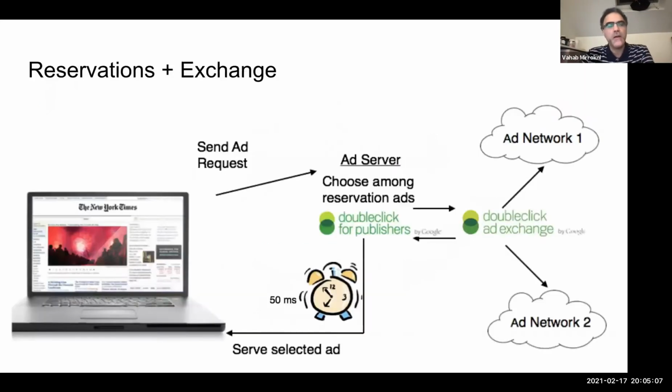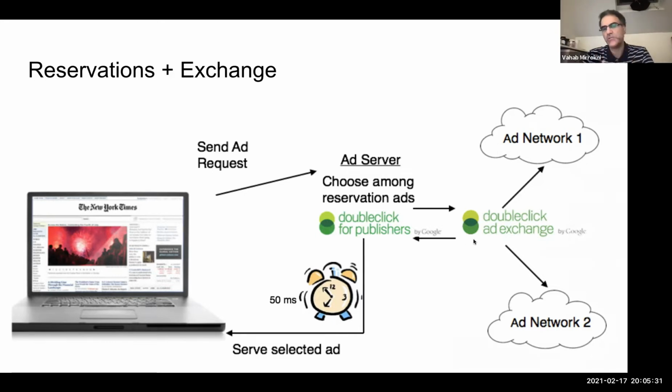In this type of market, when a user goes to a website, the website sends a request to an ad server. The ad server can decide to show a reservation contract or also send the request to an advertising exchange. The advertising exchange may run a real-time auction between a number of ad networks, and they bid in real time.